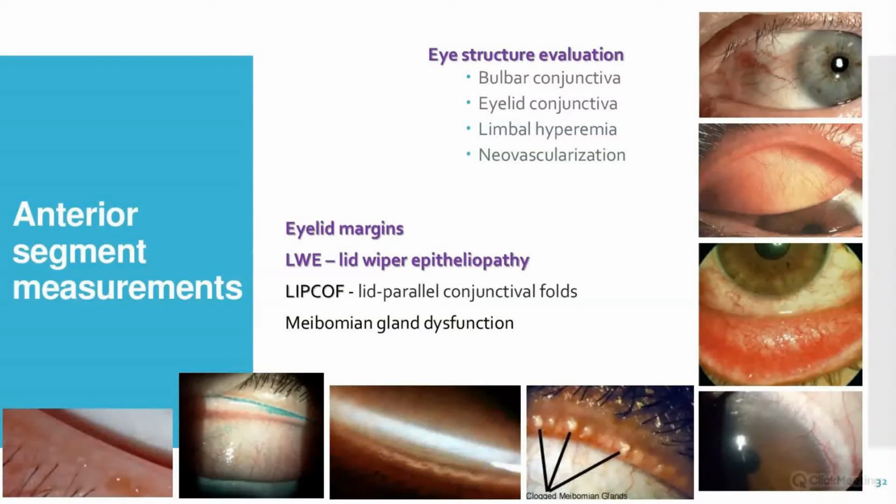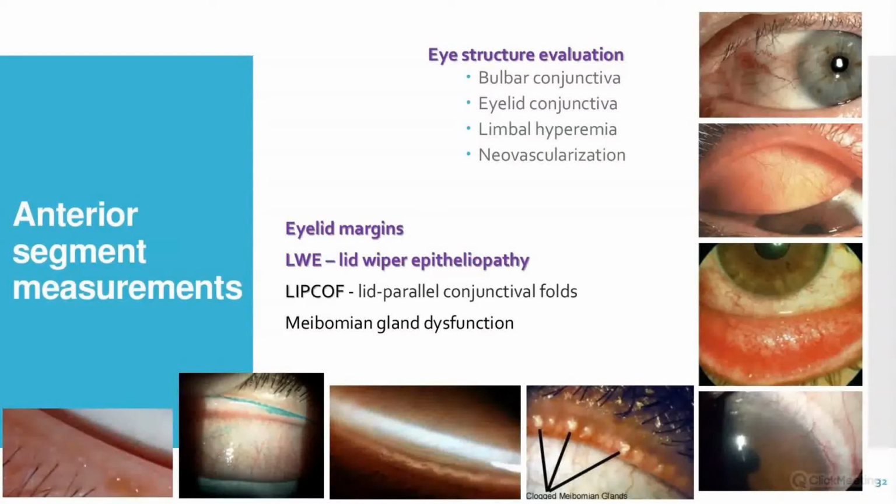If there are some problems, you see that the redness of the bulbar conjunctiva goes up, eyelid conjunctival goes up. It's due to some problems in fitting or aftercare or maybe contact lens material, but that is a much rarer situation. It's mostly when the patient is doing something wrong with contact lenses.